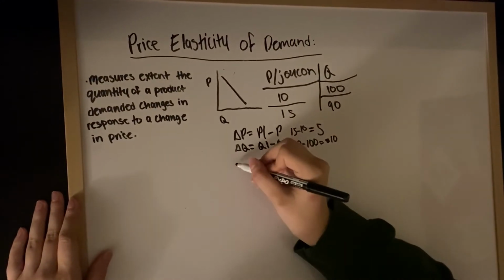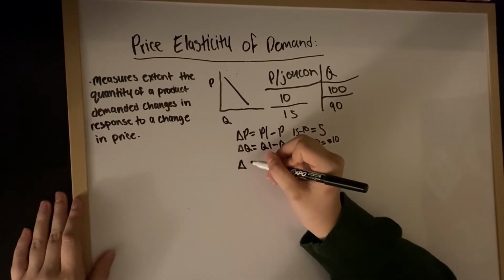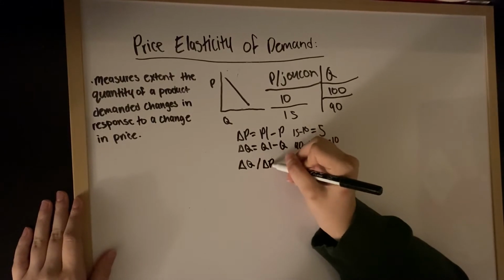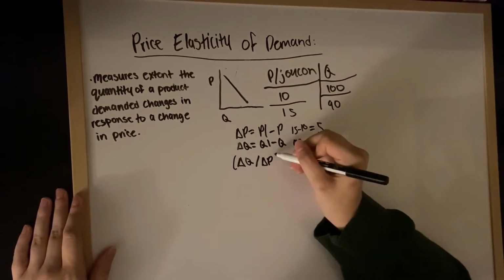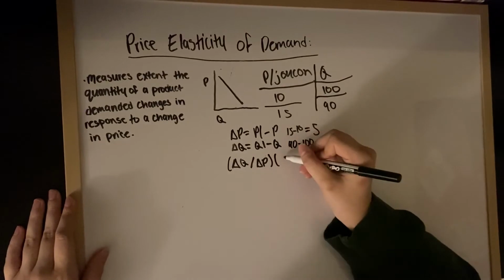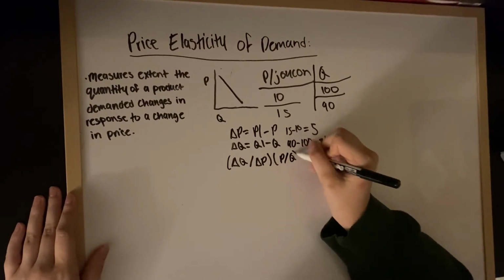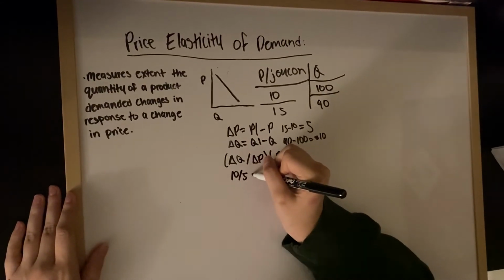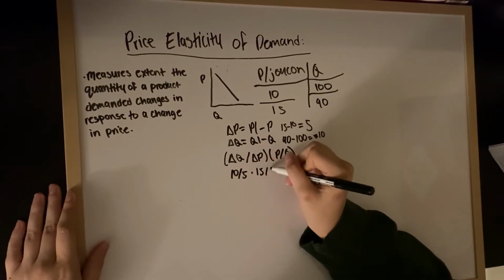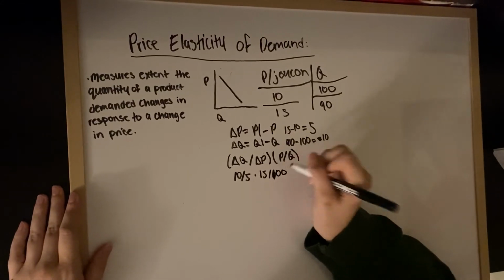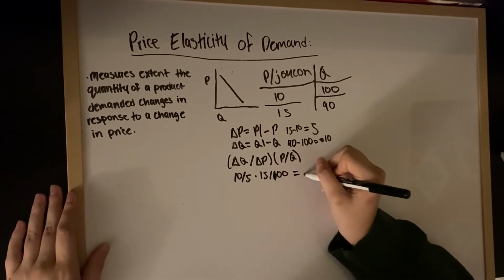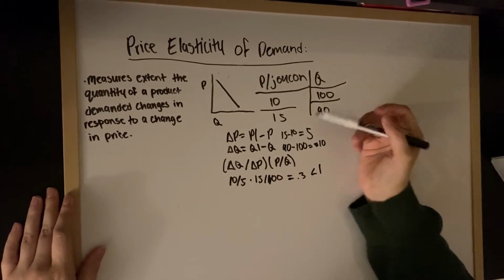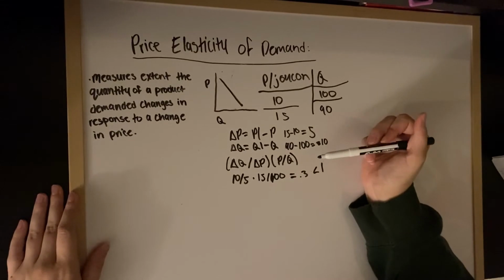So then we have change in quantity divided by change in price, which you multiply by price divided by quantity. And so you would get 10 over 5 times 15 over 100, which would give you 0.3, which is less than 1, which is typically how relatively inelastic works.